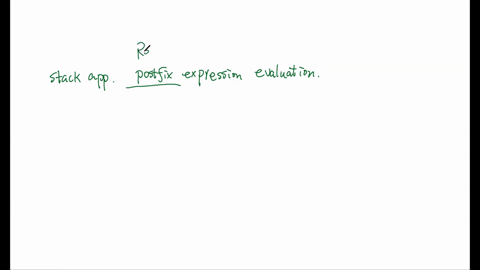It's called reverse Polish notation. So the abbreviation is RPN. In computer science, or maybe in math also, if you see RPN, reverse Polish notation, it means postfix expression.